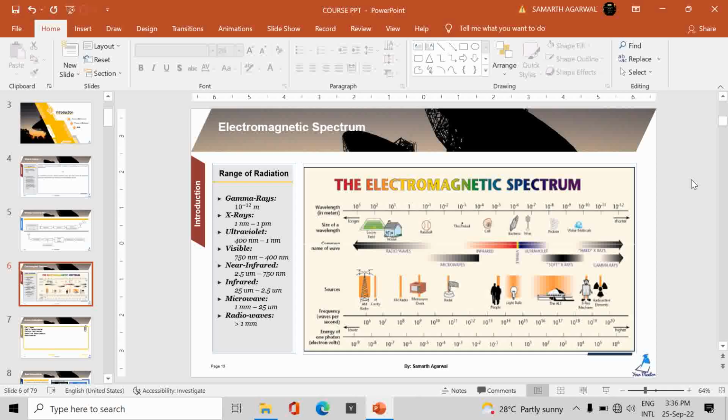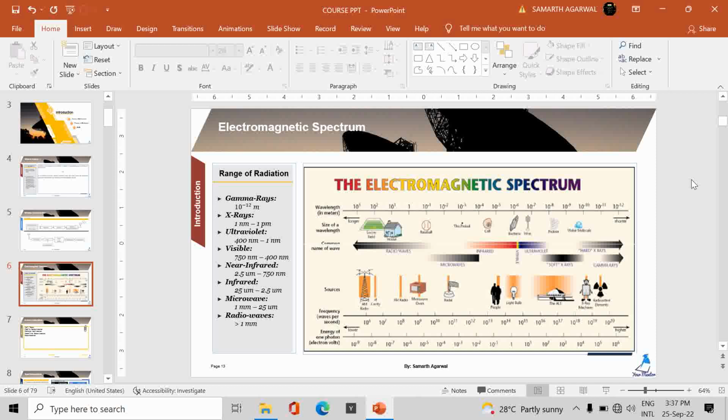Okay, and further, each of these ranges has some name, which is radio waves, microwaves. Microwaves generally start at 1 gigahertz. Then for the infrared region and ultraviolet, in between infrared and ultraviolet comes the visible region, which means the different colors, different wavelengths, that we can see with the human naked eye.